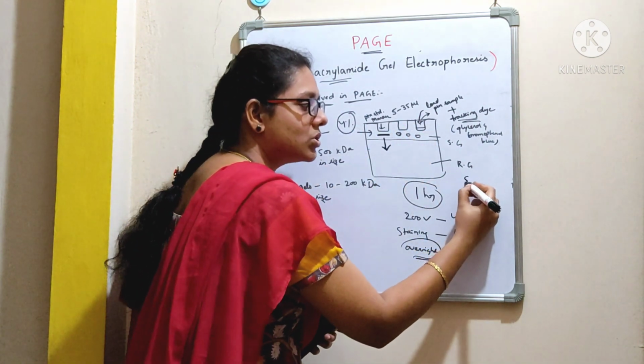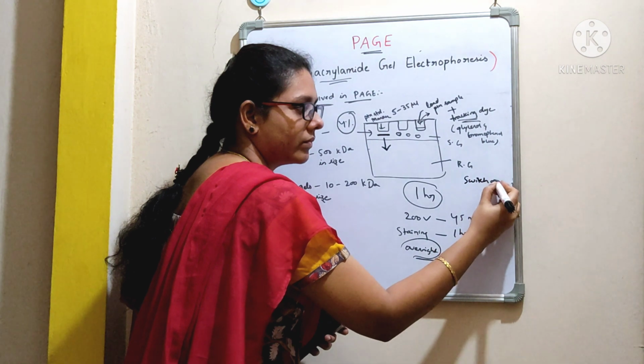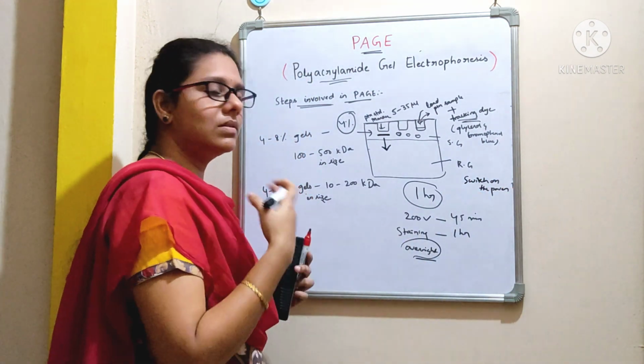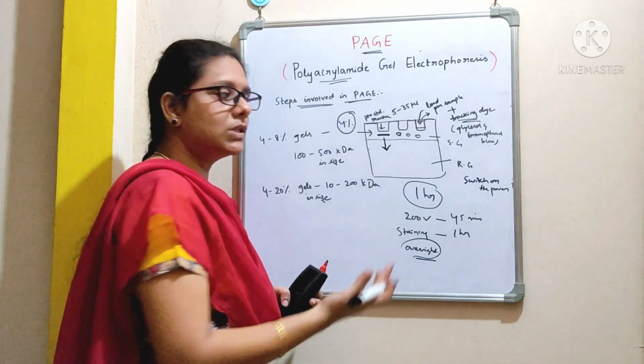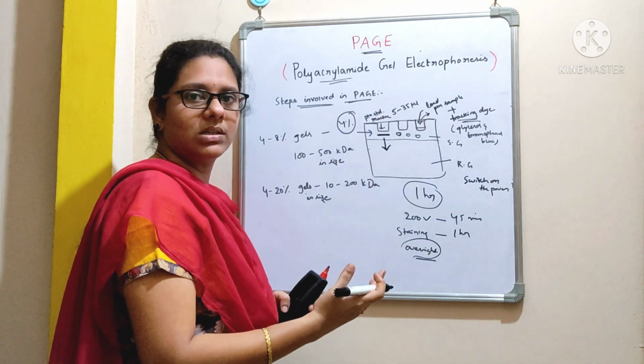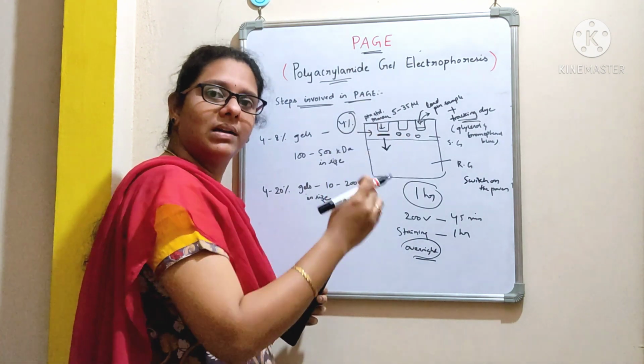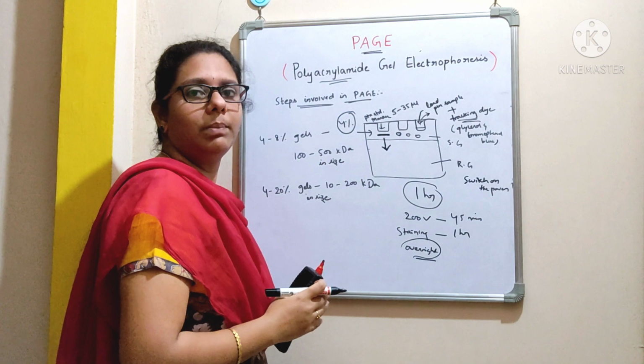Then you have to switch on the power. Without the power, there will be no migration of the proteins from the negative charge to the positive charge. Once you are done loading the samples, you have to plug the cords and then switch on the power.